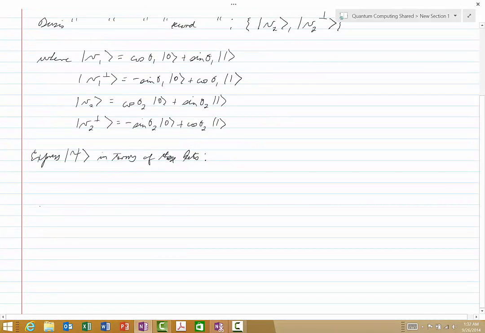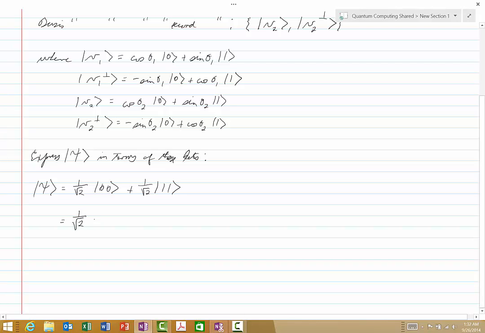Okay, so C again is equal to 1 over square root of 2, |00> plus 1 over square root of 2, |11>.